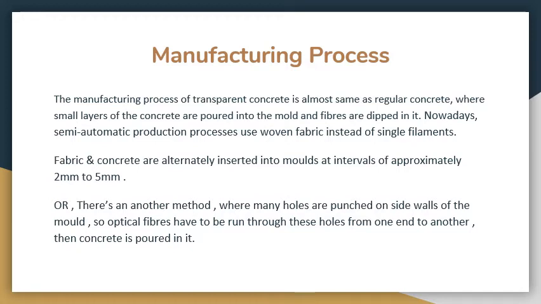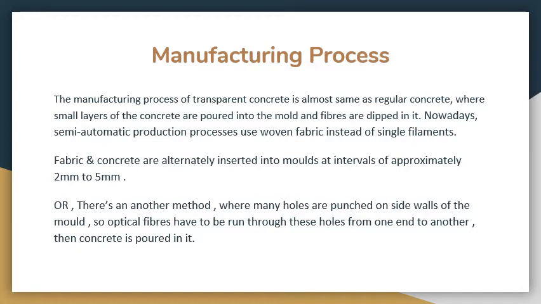Manufacturing process. The manufacturing process of transparent concrete is almost the same as regular concrete, where small layers of the concrete are poured into the mold and fibers are dipped in it. Nowadays, semi-automatic production processes use woven fabric instead of single filaments.